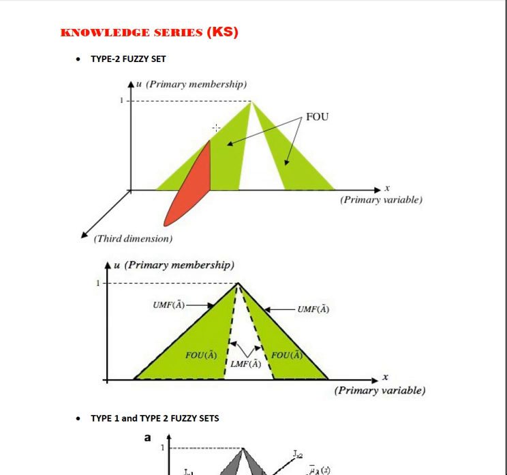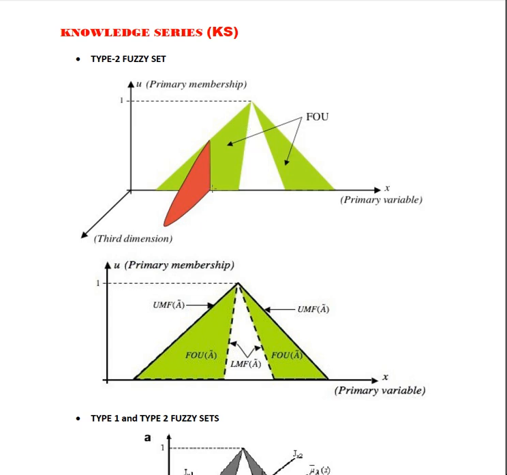You can see this figure from the net, but for your understanding, it has been taken for explanation. In this figure, the membership function of a type 2 fuzzy set, you can see this is one edge, this is another edge.